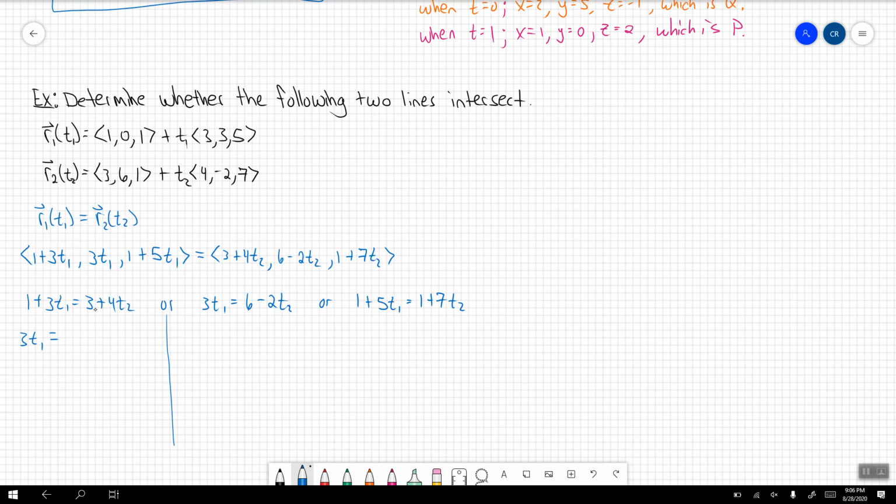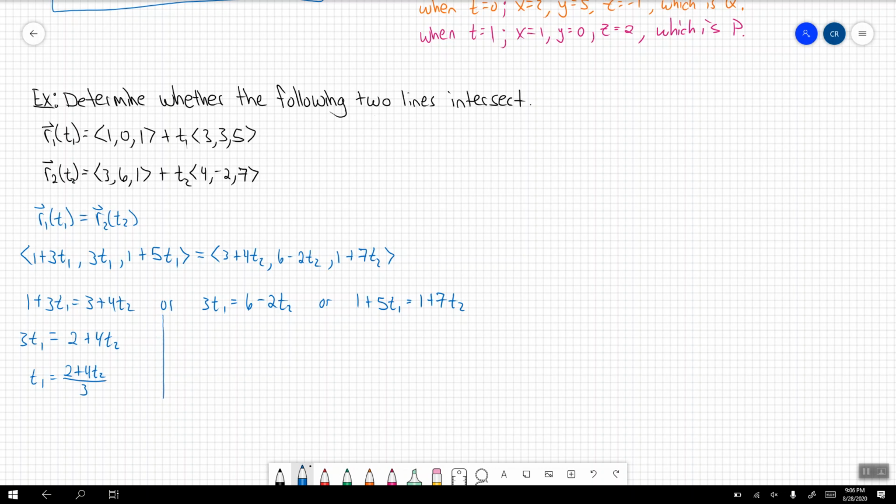I'm going to subtract 1 from both sides, which will get me 3 minus 1, which is 2, plus 4t2, and then divide by 3 so that I can solve for t sub 1. So this is going to be 2 plus 4t sub 2, all divided by 3. Looking good so far.